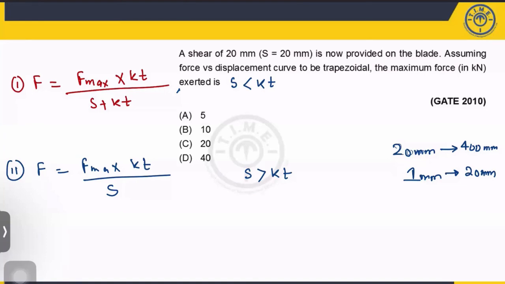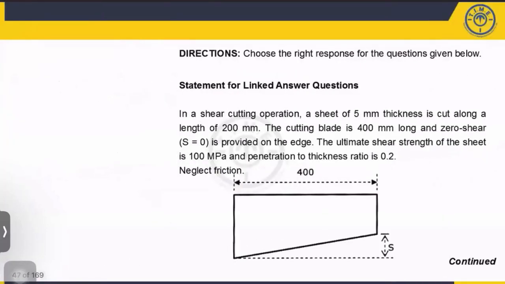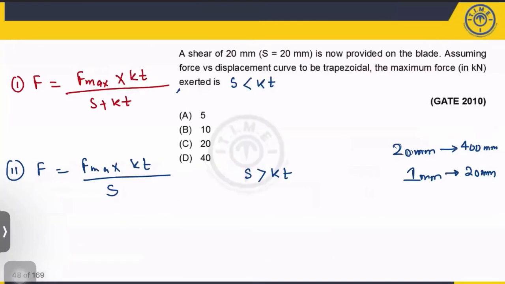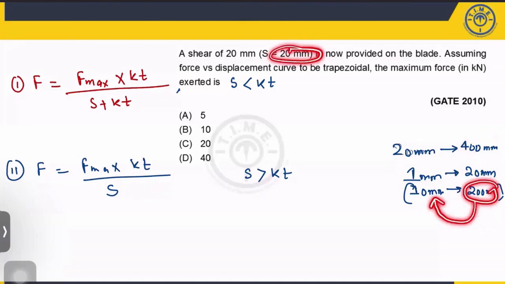But what will be the length of cut, which is 200? That means when it becomes 200, you are multiplying with 10, so this will be nothing but 10. So for 400 you are providing a shear of 20, but for 200 how much do you have to apply?